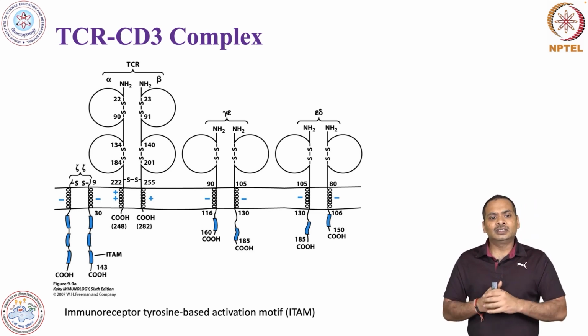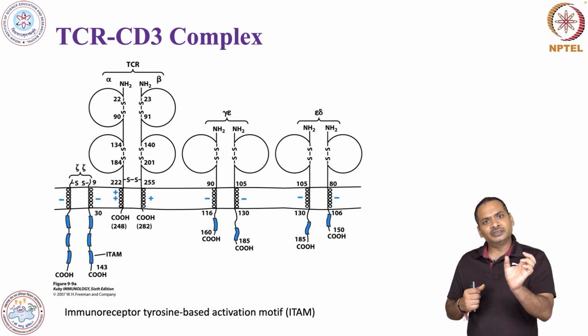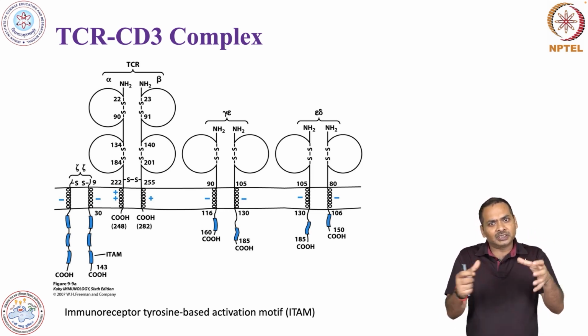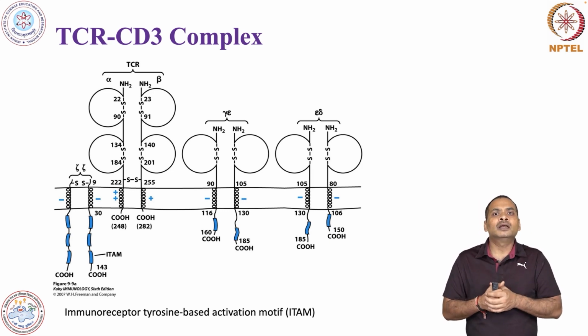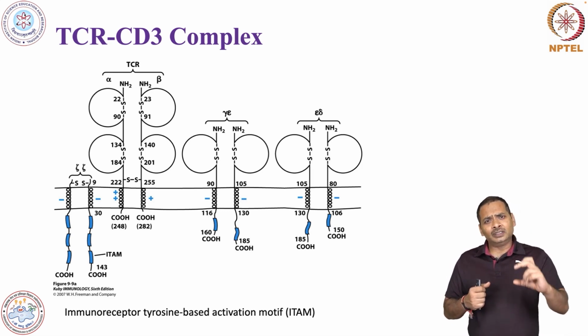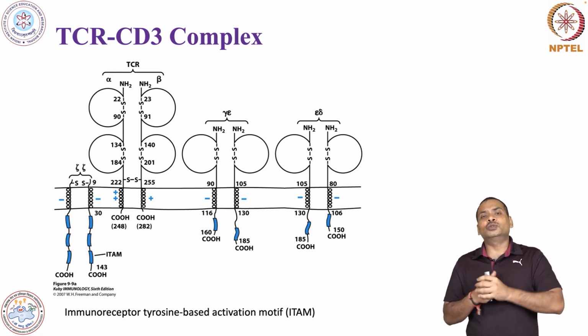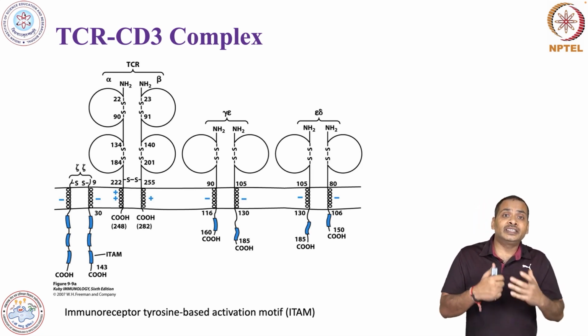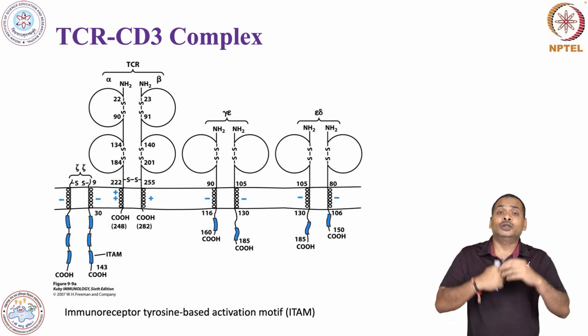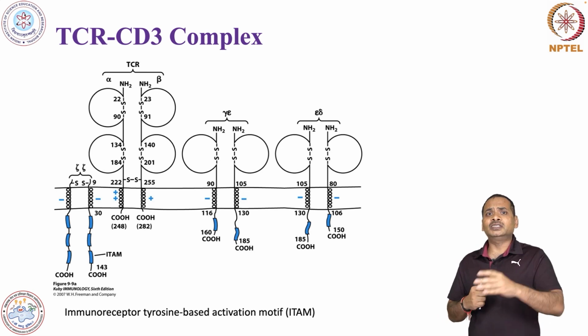One is zeta. Zeta has a transmembrane domain which has a predominantly negative charge, and TCR is positively charged. So this is present in close association. Okay. And TCR doesn't have a long cytoplasmic tail, therefore it cannot activate the downstream signaling. In order to activate the downstream signaling, it has to associate with the CD3 molecule.